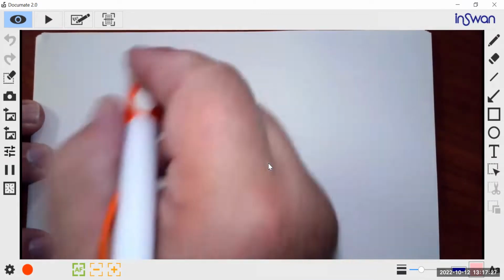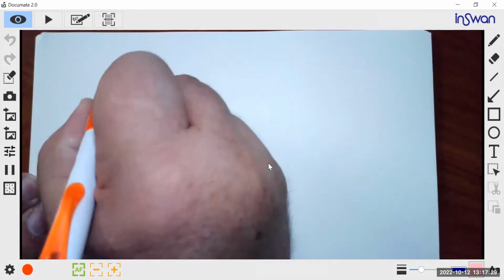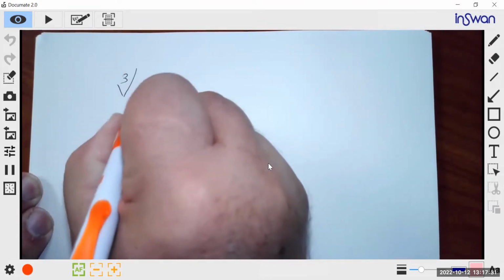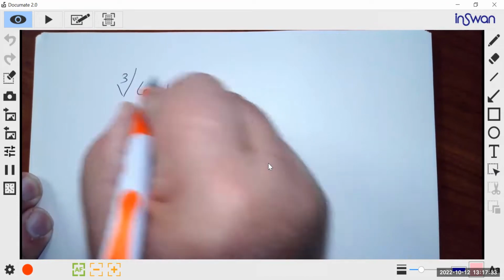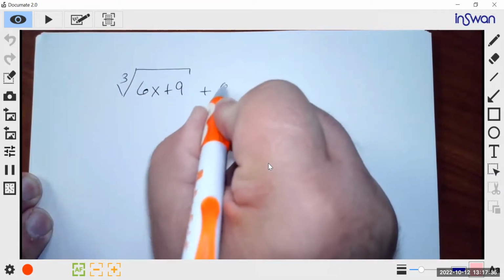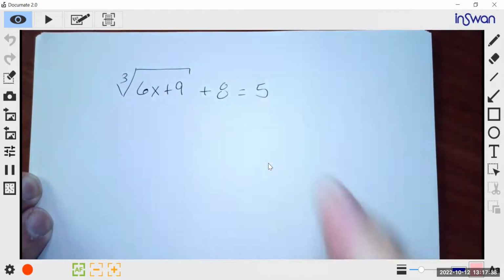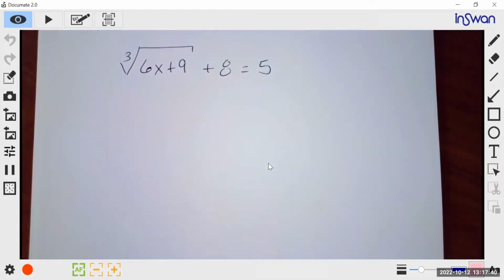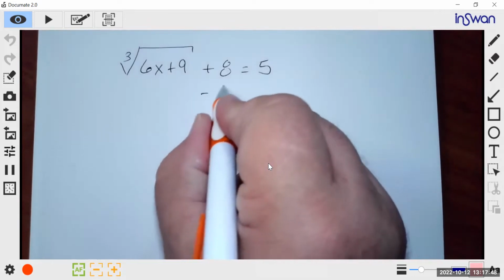Let's see here. First step, subtract 8 from both sides.